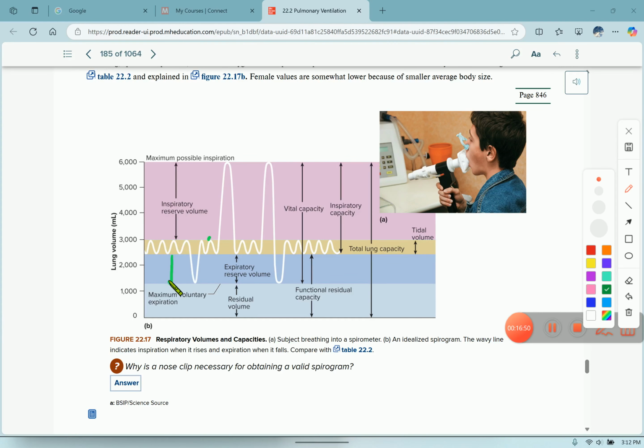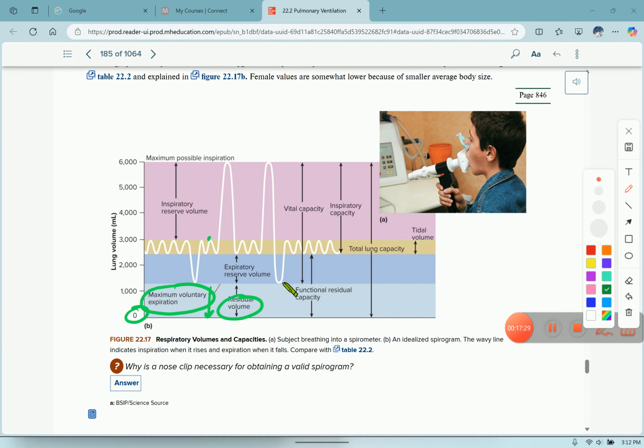If you exhale, you're going to tap into what's called expiratory reserve volume, which is roughly about 1,600 mils. And if you could do the theoretical max exhale, the max voluntary expiration of residual volume, then you would actually get all your mils to 0. What that means is you would have to breathe out so hard that you collapse all the alveoli and the bronchial tubes.